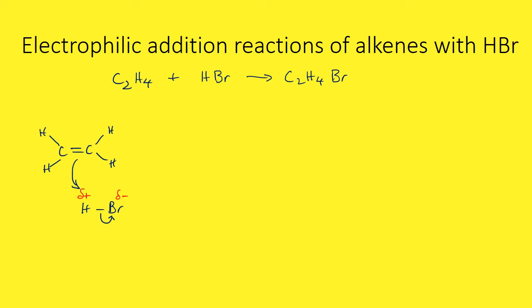Once those two things have happened, we get an intermediate. We're going to draw out the intermediate first. We've got our carbon, still with two hydrogens attached to it, like so, but our double bond has gone.